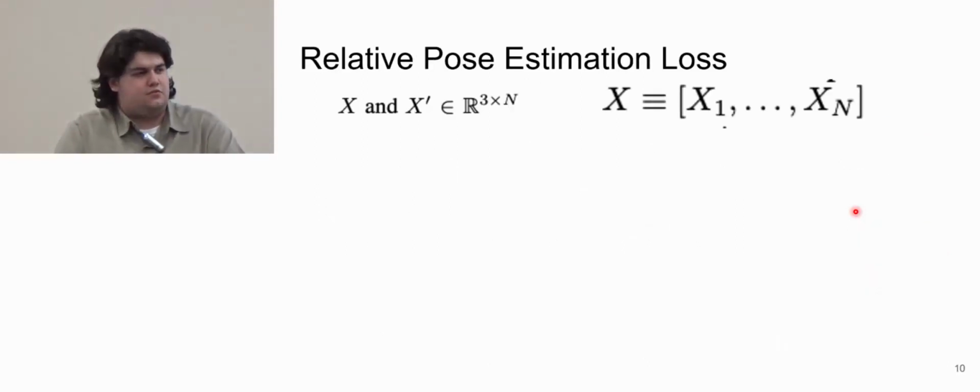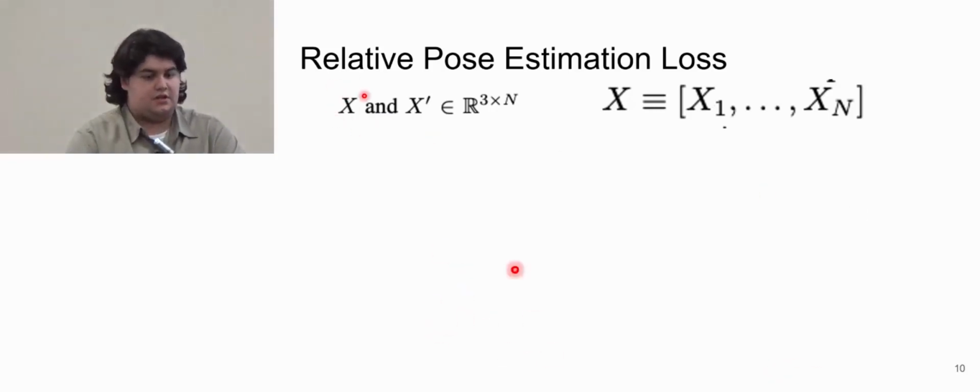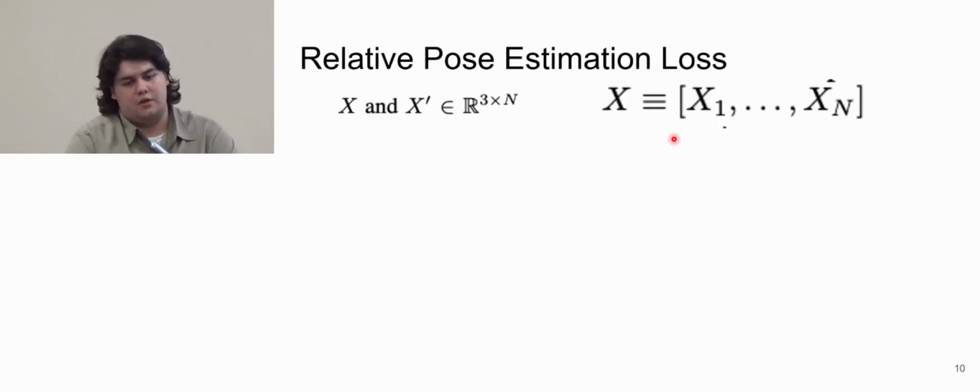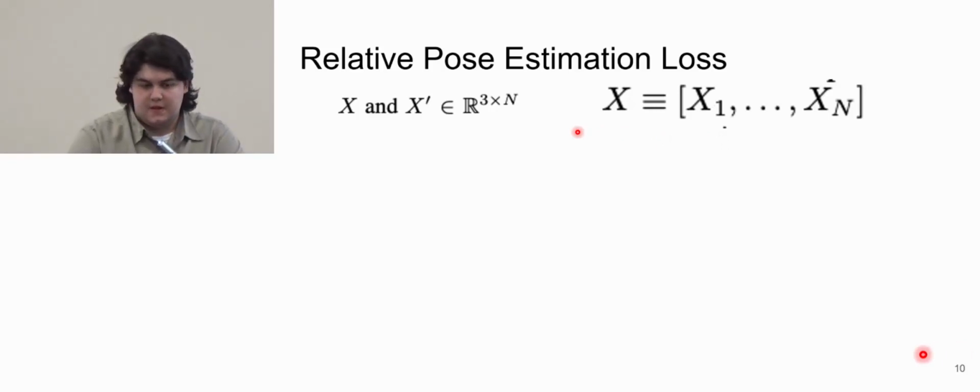So moving on to pose estimation. After we've got all of our good key points, then we'll be taking those in. These are the key points from the first image, and these are the key points from the second image, and as you can see, key point one from the first key points, key point two all the way on through, and then a similar thing for the x prime for the other image.